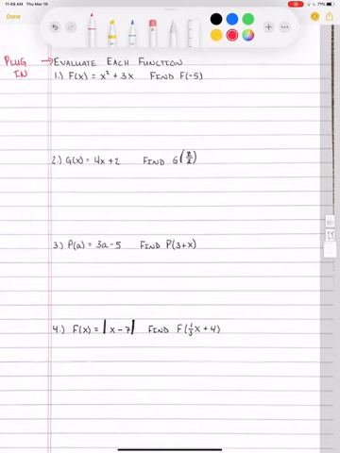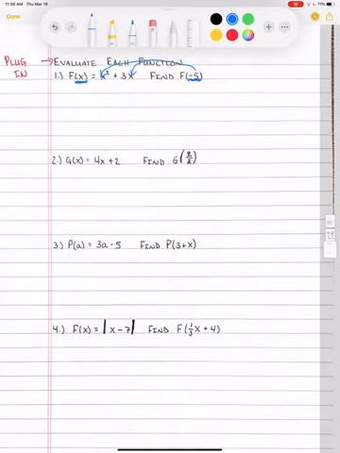It says f of x equals x squared plus 3x, and it wants us to find f of negative 5. So if you notice here, I'm looking for f of negative 5. Negative 5 is replacing the x. So wherever I see an x in that function, I have to plug in a negative 5.